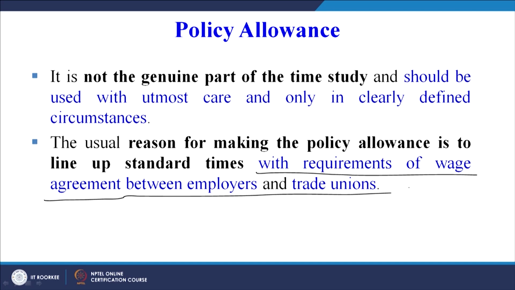So sometimes there may be an agreement between the trade unions and the employers, and in order to justify the salary being given to the workers for a specific job completed at a defined level of performance, this allowance is added when calculating the standard time, because the standard time directly influences the salary being given to the worker.